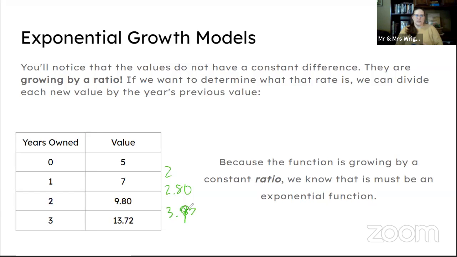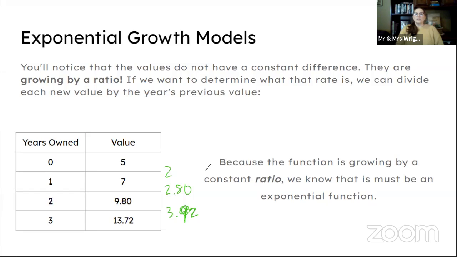Sorry, didn't read that correctly. So you see that the difference between them is never the same. So it's not growing in the tradition, the geometric sequence like we looked at before.